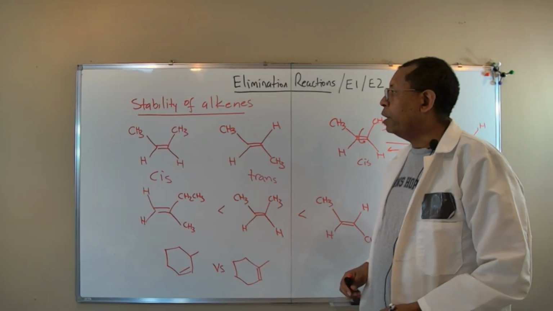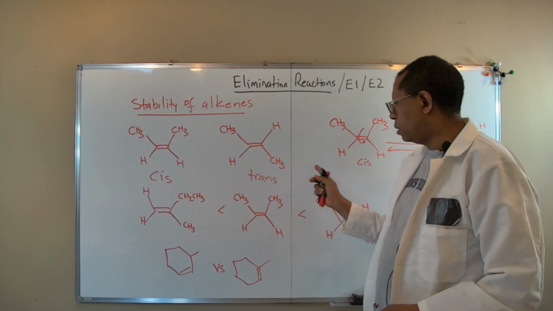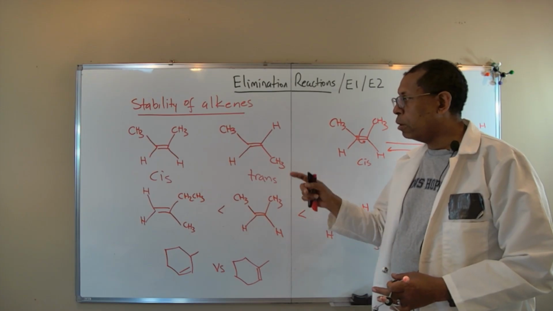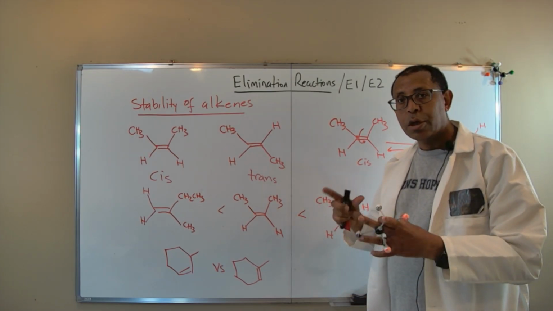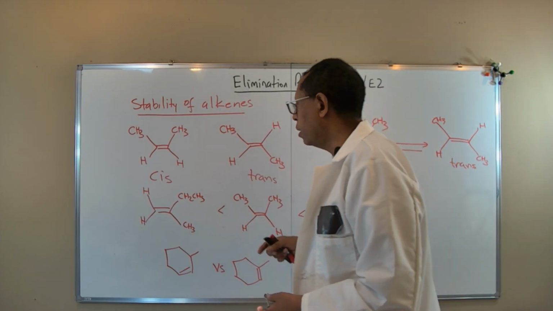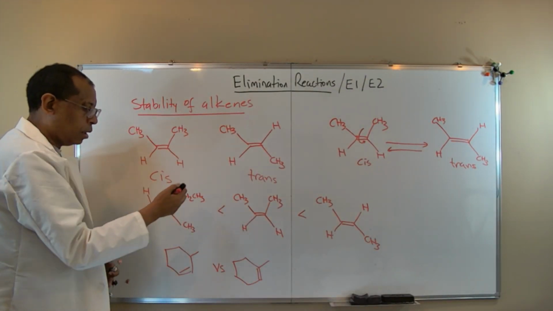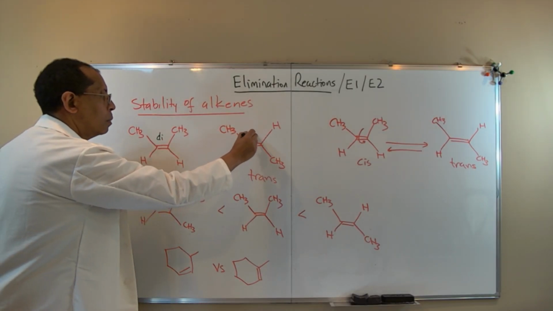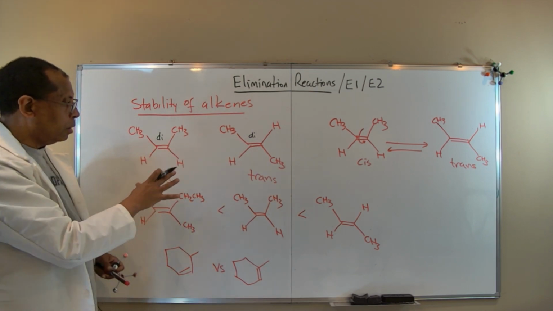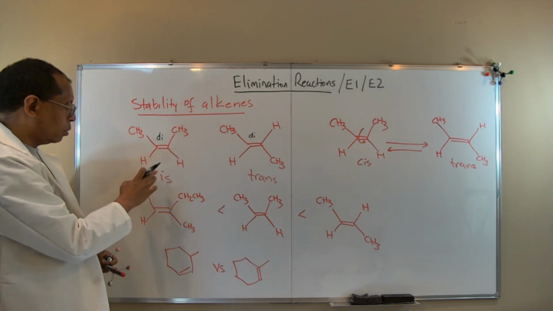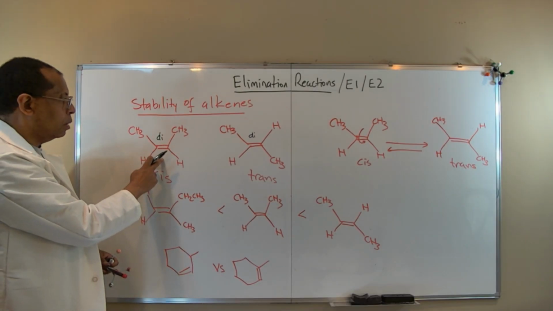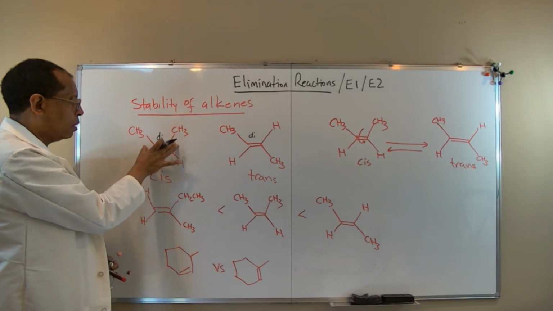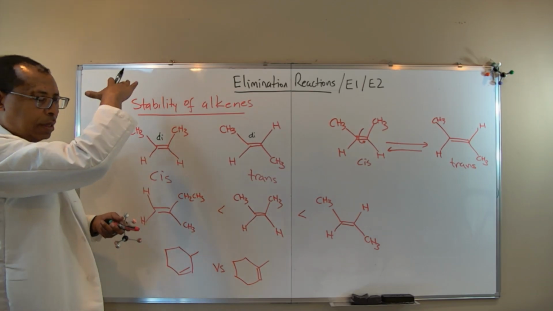Talking more on the stability of alkenes, here are some examples to demonstrate that the stability of alkenes depends not only on the substitution but also on the isomerism that exists. If you just look at both, these are di-substituted alkenes. The reason why we call this stereoisomer cis is that the two alkyl groups are on the same face.